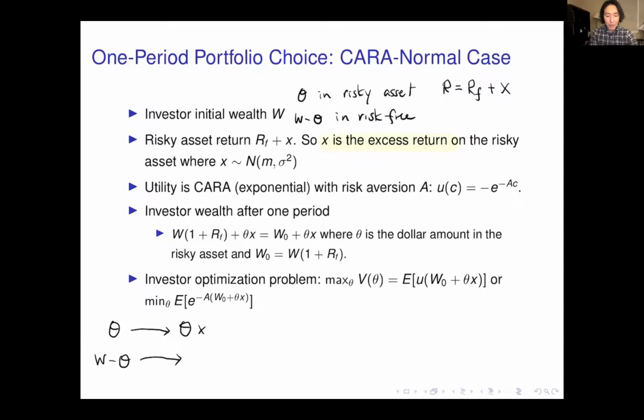Theta becomes theta times x next period, and W minus theta earns the risk-free return. You have to sum them up. So it's theta x plus W minus theta times RF. This is the investor's next period wealth.